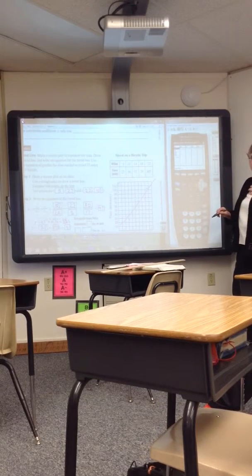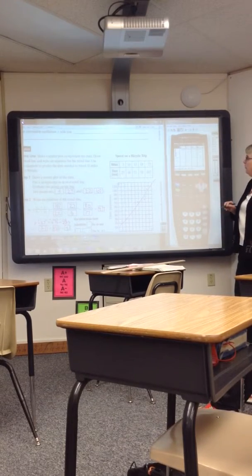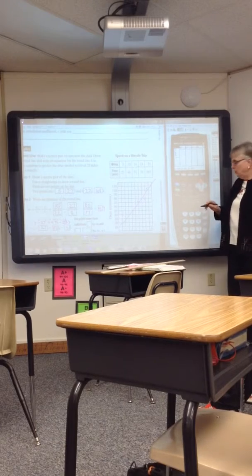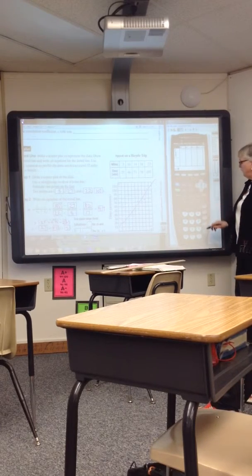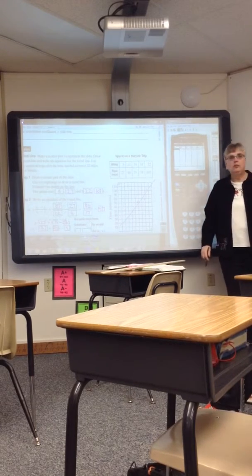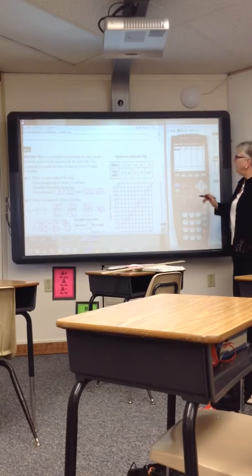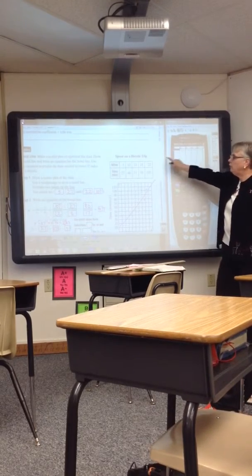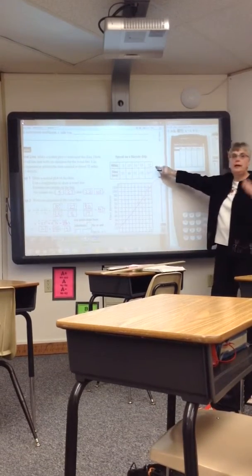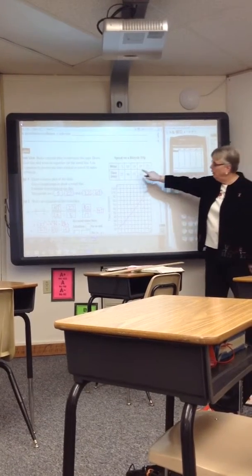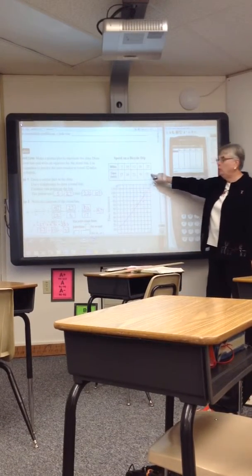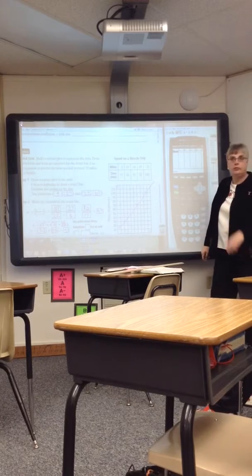So again, if you still have data, go up so that you're above the line. You hit the clear, and then you hit enter. All right, so does everyone have their data cleared out? Yes? Okay. The L1 is going to represent the miles, or my independent X term. The time in minutes will be my L2, or the Y's.